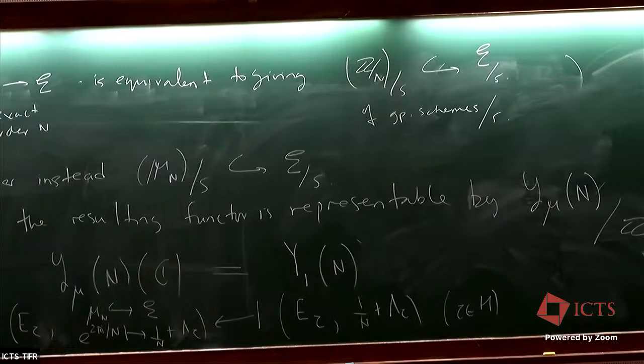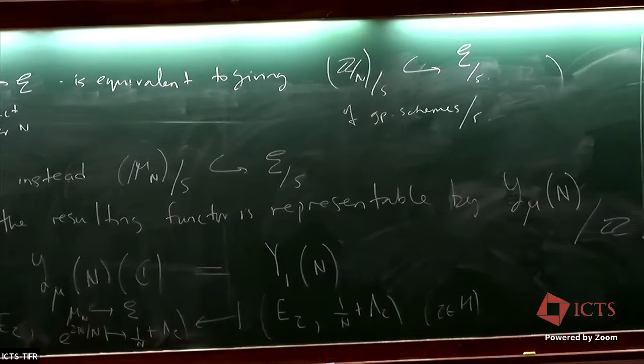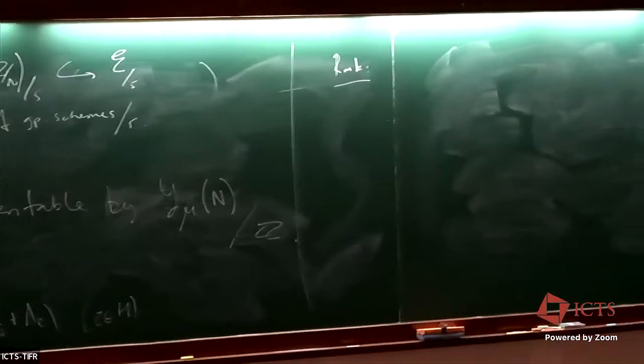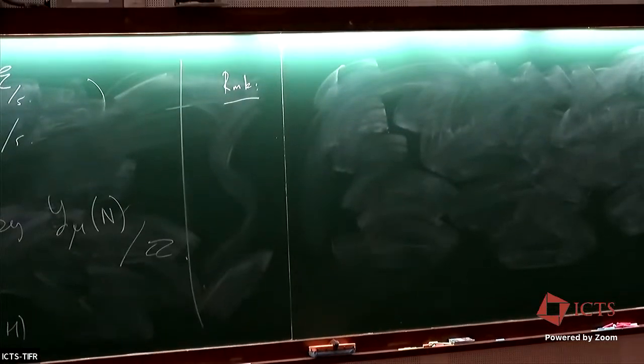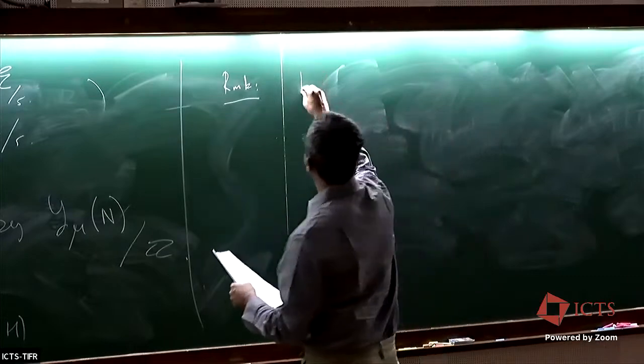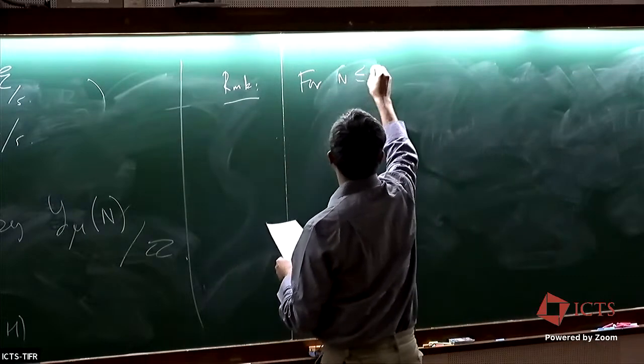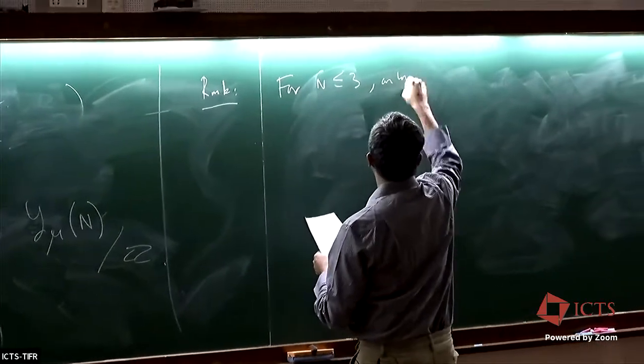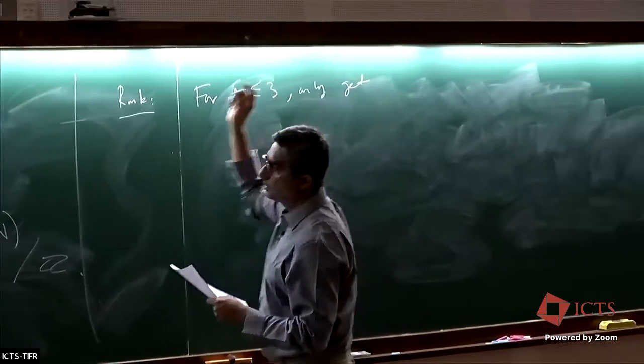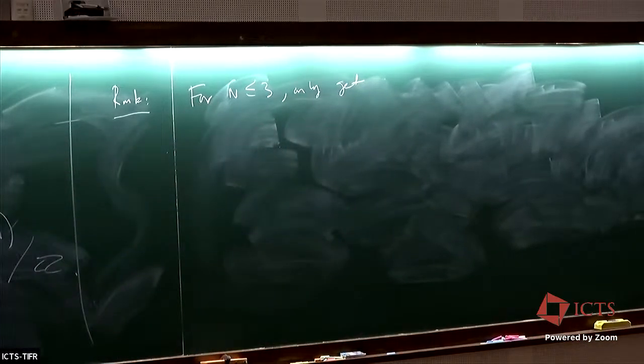Okay, remark. What about for N equals 1, 2 and 3? Well, things are not as good. There's some torsion here, and you only get coarse moduli schemes. This functor is not representable anymore. But on algebraically closed fields, you do get bijections.